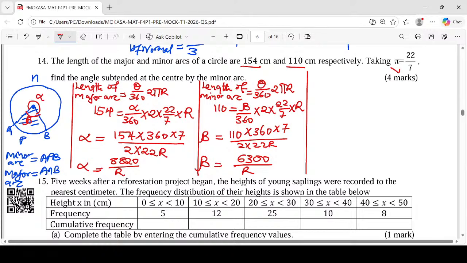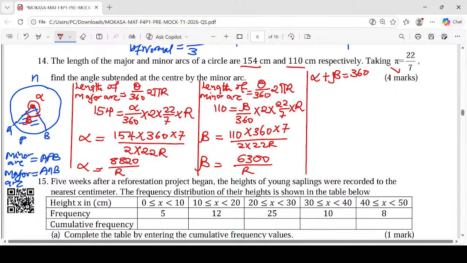Now look again at our circle. These are angles at a point. We know that angles at a point add up to 360 degrees. So when I take the size of alpha plus beta, it should give me 360 degrees.